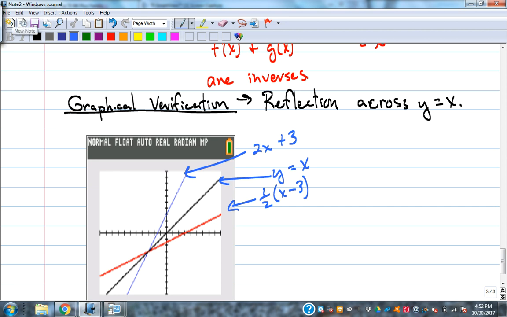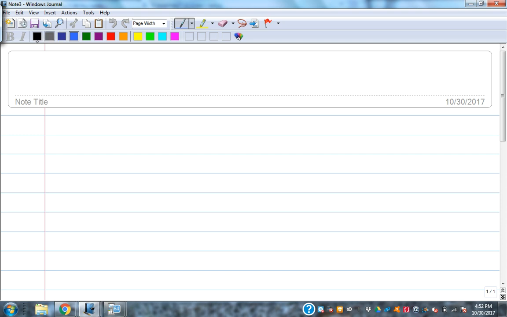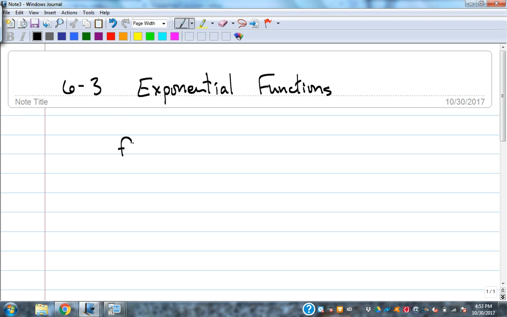Let's look at the next section. We're moving fast today. 6.3, exponential functions. Exponential functions look like this: c times a to the x.